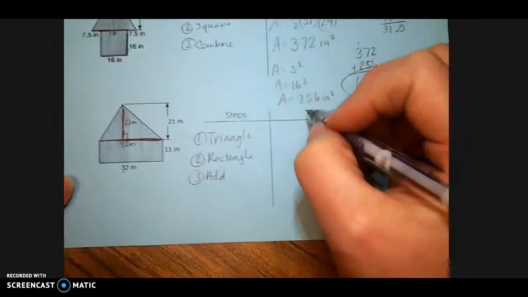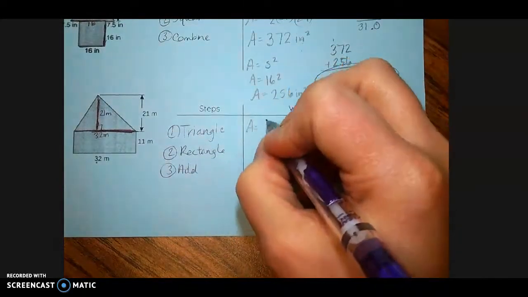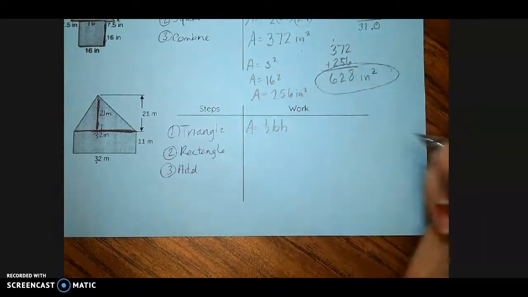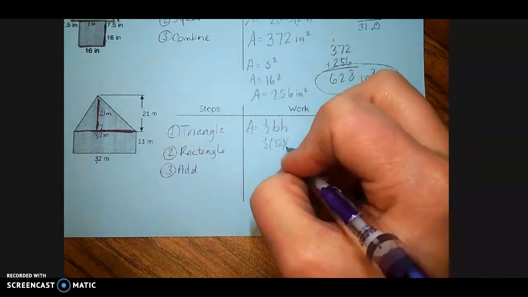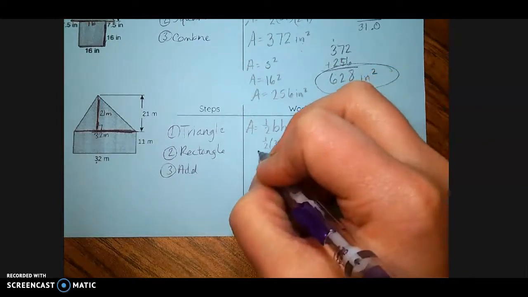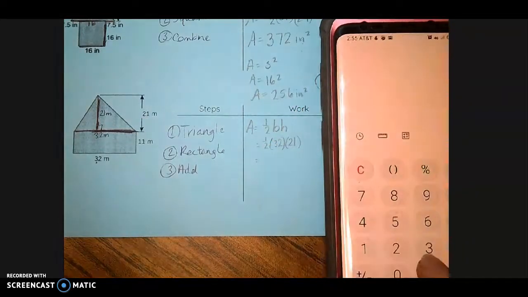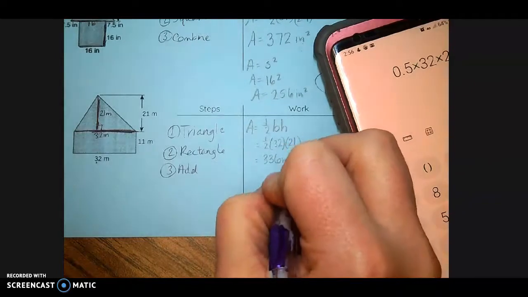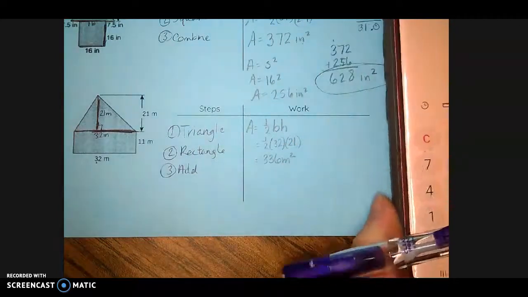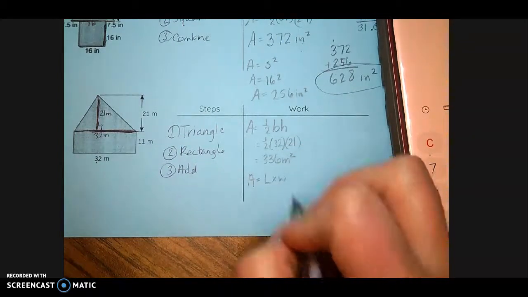So for my triangle, I find that my area, once again, is 1/2 times base times height. And my base is 32, and my height is 21. So 0.5 times 32 times 21, and I get 336 meters squared. And then for my rectangle down there, that is just length times width again.